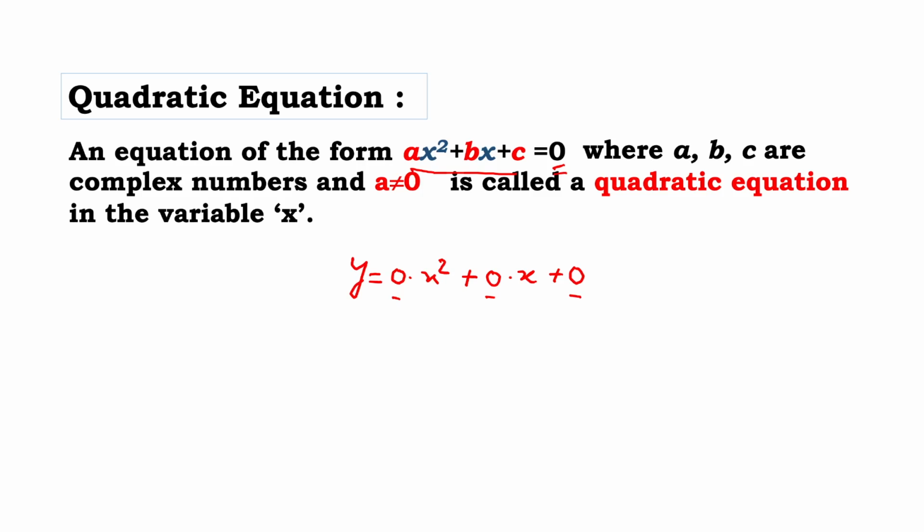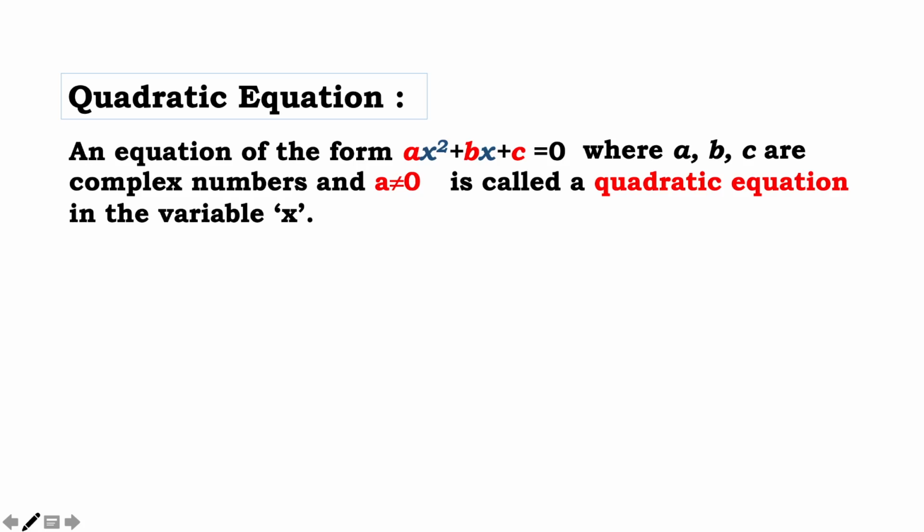This quadratic will satisfy more than two values. The degree is 2, so it must satisfy only two values. But if any quadratic is satisfying more than two values, then this is known as an identity. So three terminologies are there: first is quadratic expression, second is quadratic equation, and third is identity.